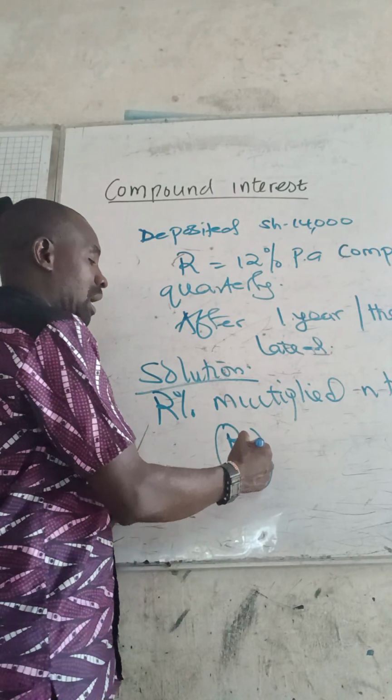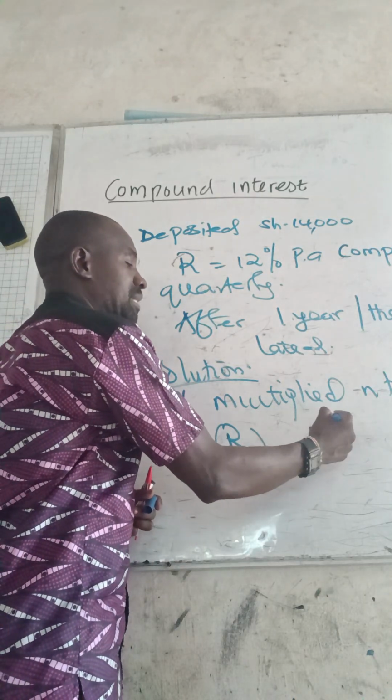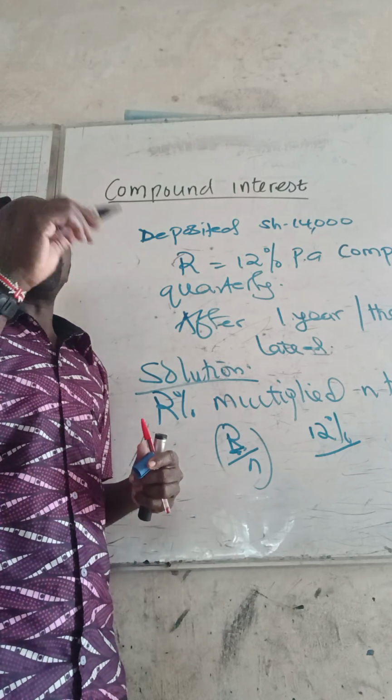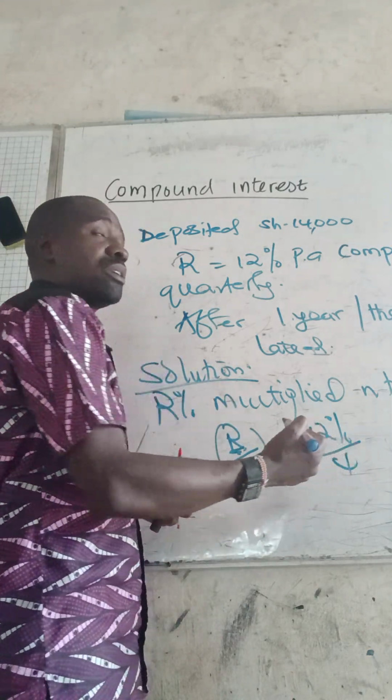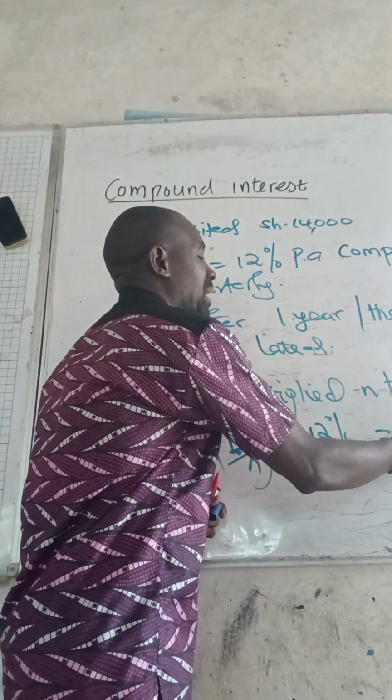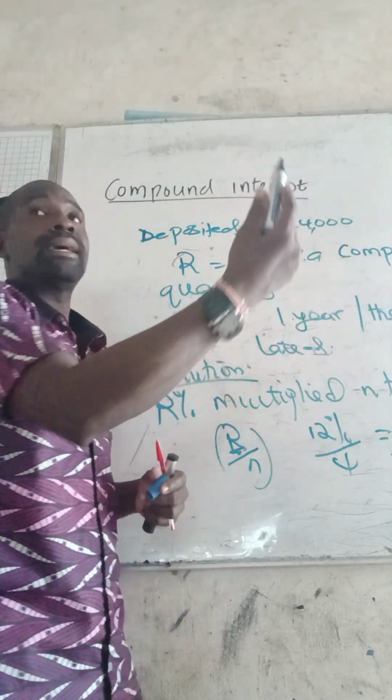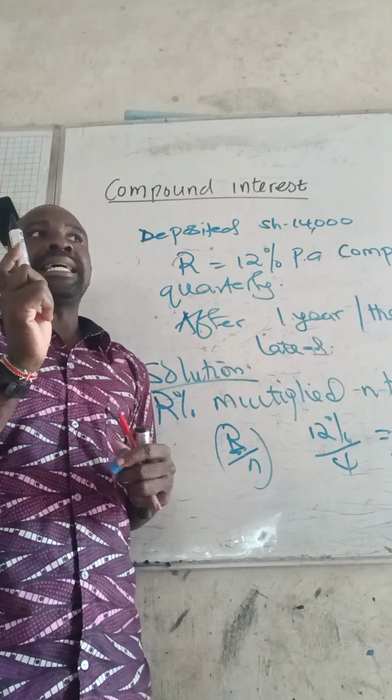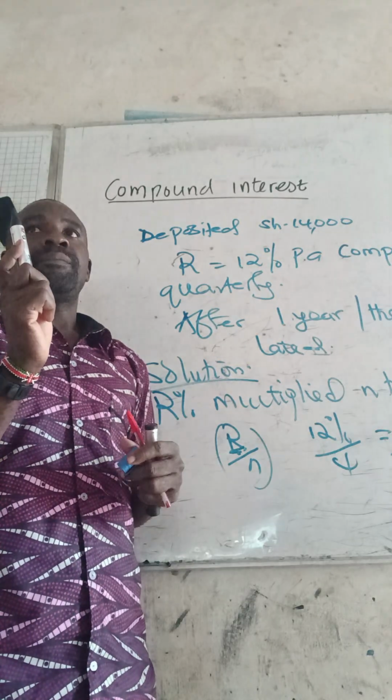Our rate is 12% and it's compounded quarterly. So divide by 4, this will give you 3%. So our R is 3%. Are we together?